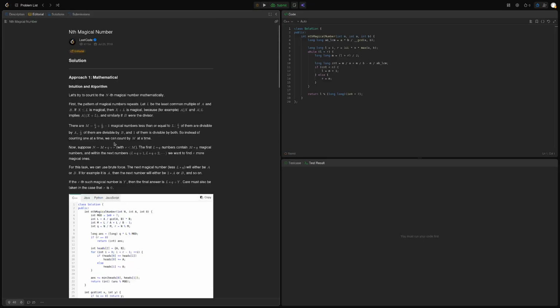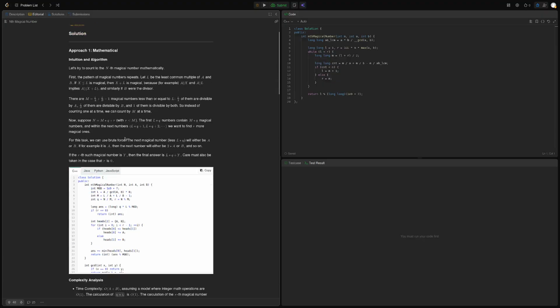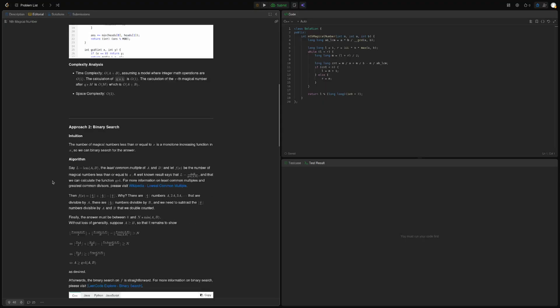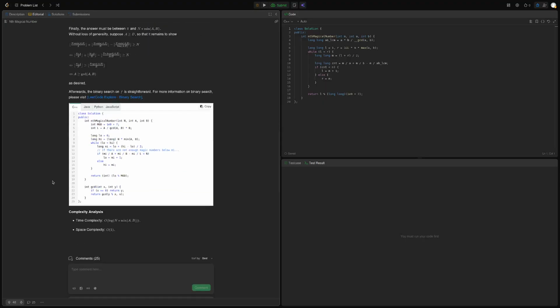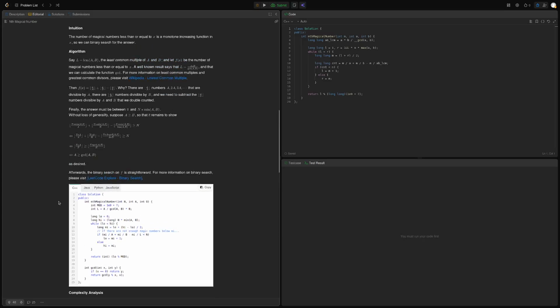Oh my god, what? That is crazy. What's R? What is R? Remainder is n modulo m. Approach two is log. Okay, that's fair.